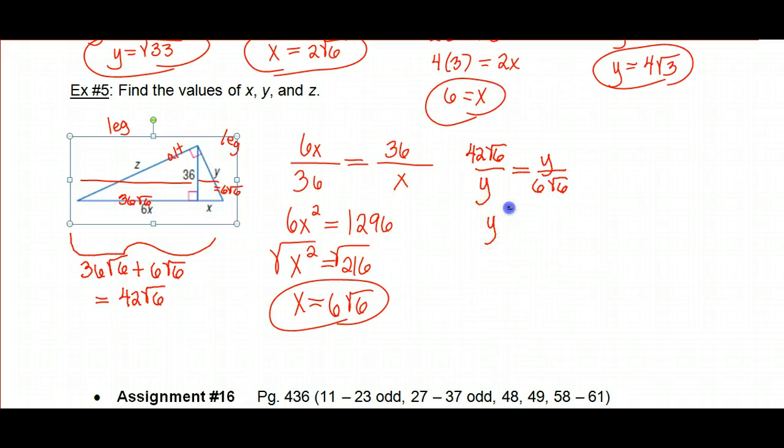All right, so I get y squared equals 42 root 6 times 6 root 6. You could multiply this on your calculator and it will give you a whole number, because your calculator will know that when you multiply those radicals together, you just get 6. So whatever 42 times 6 is on the outside, then multiply that by 6.